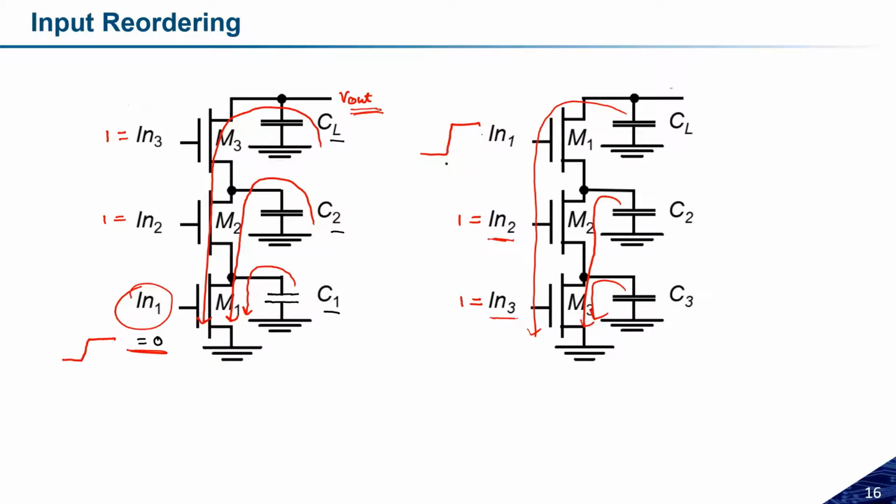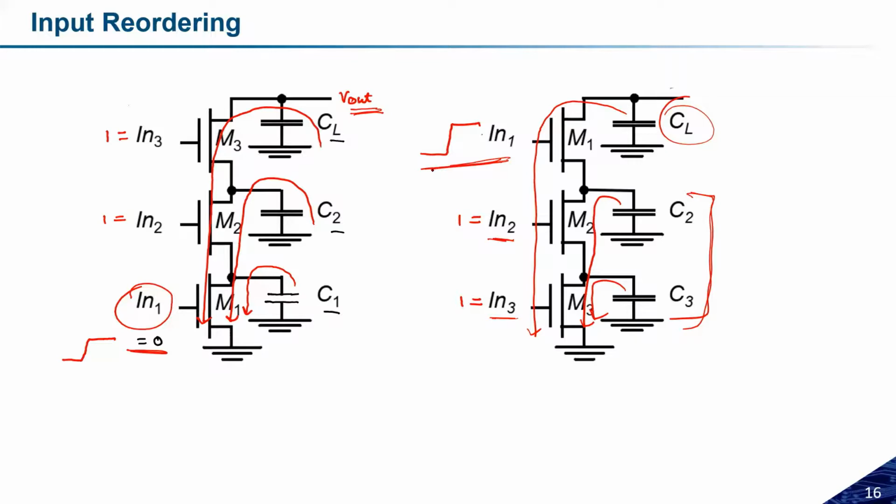So once I1 changes from 0 to 1, I have to discharge only this CL, not C2 and C3, because C2 and C3 are already discharged well before the transition. So if they are discharged, it will take less time. You got the answer? Yes, sir.